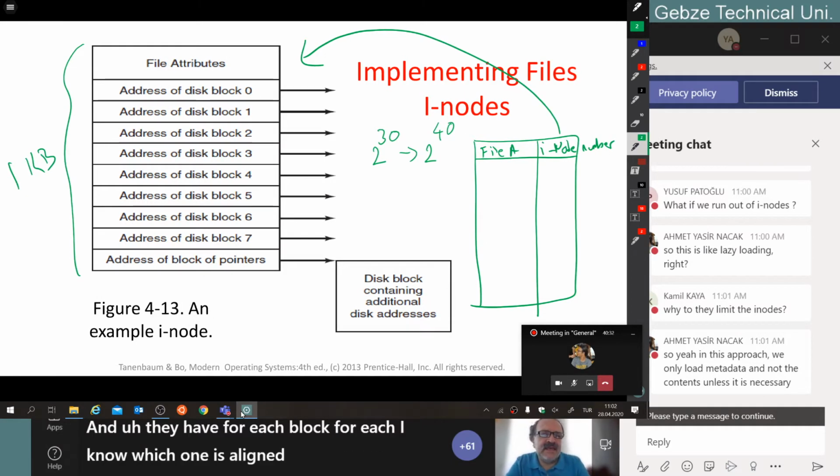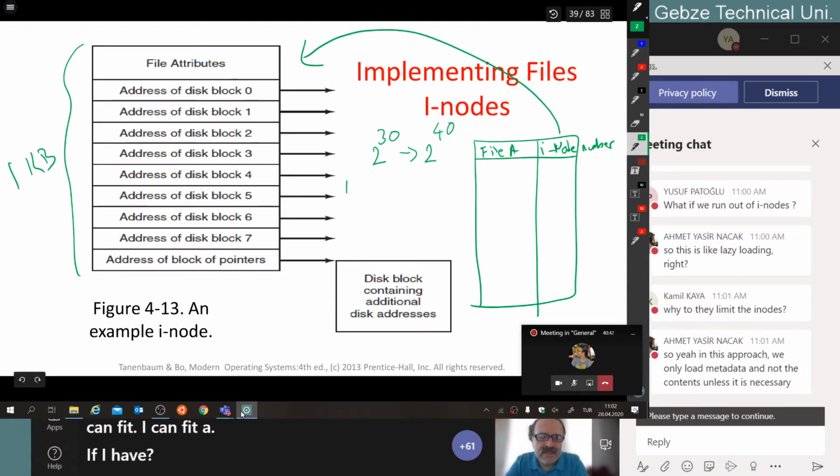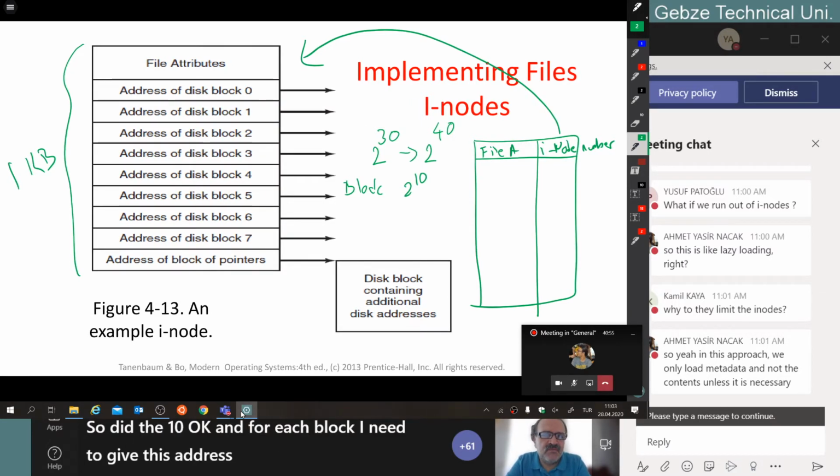Let's say I have block size 2 to the 10, and for each block I need to keep this address, and I have 2 to the 30 blocks.